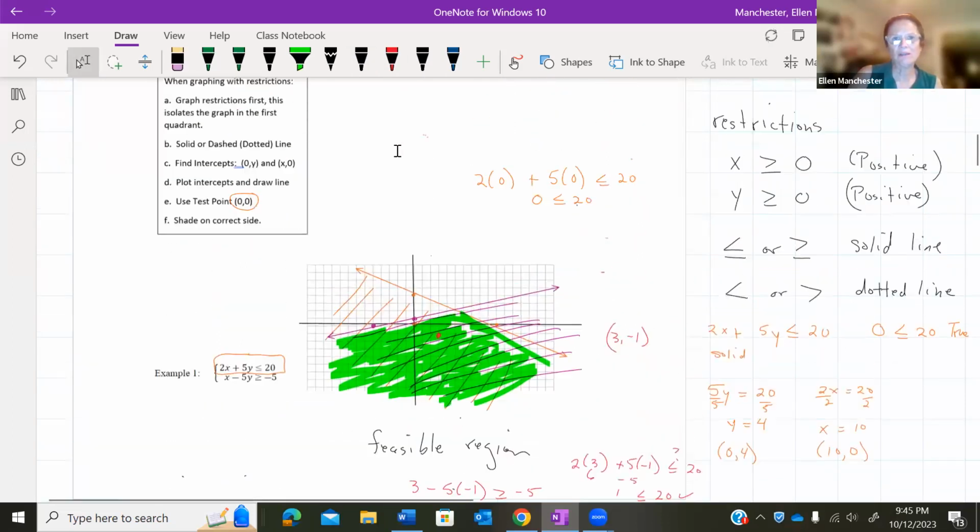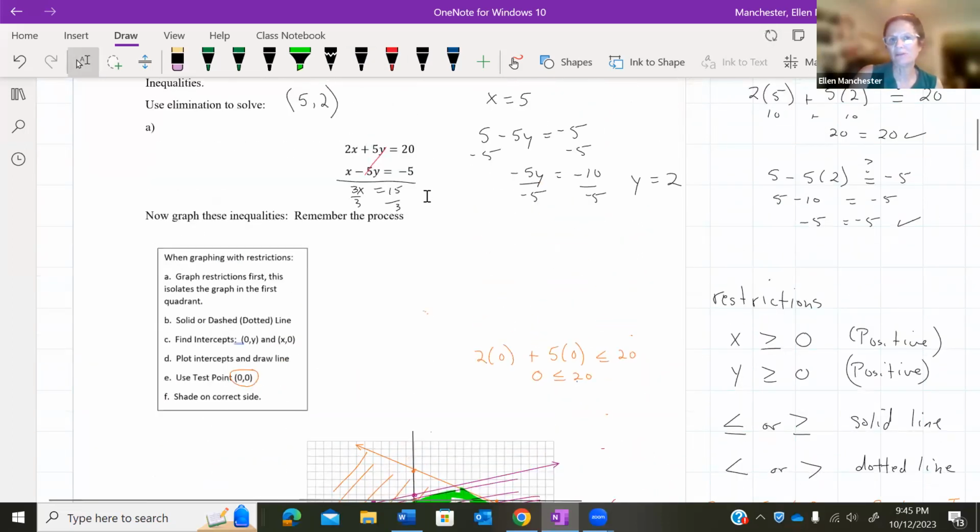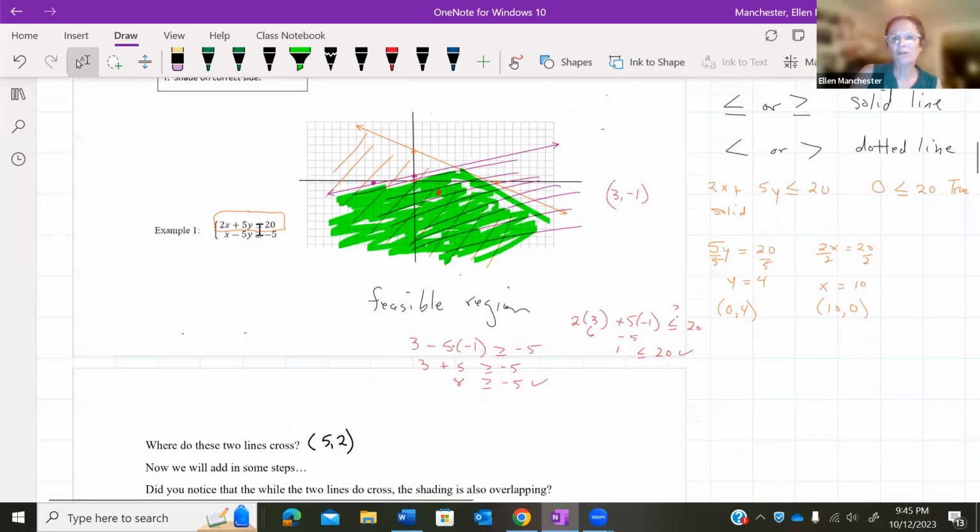We already did elimination right up here. Notice I didn't have to do my inequality symbols. Both lines are still there, whether it's an inequality or not. So where the 2 lines cross is right here, and that's the point (5, 2).